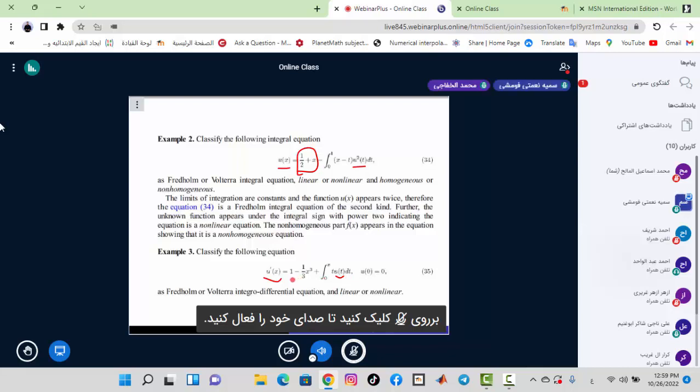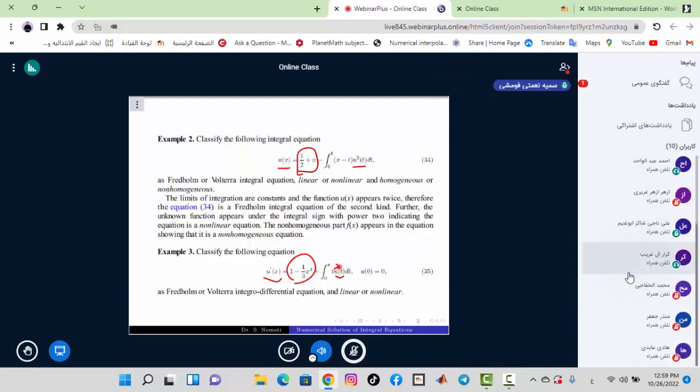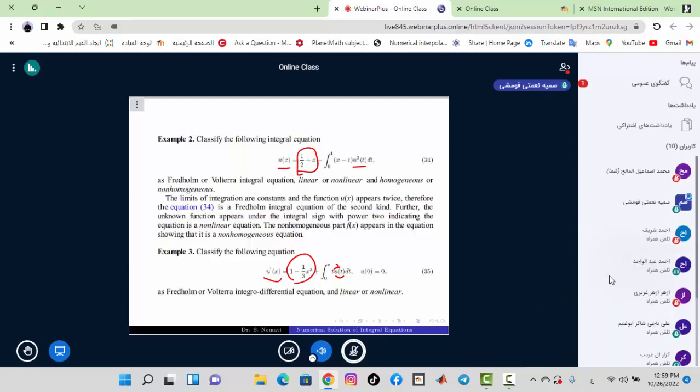You don't have to pay attention to the other variables. You just have to consider the functions in terms of u. For example, if you had u squared here, then you would have nonlinear. But since you don't have this case or other cases of nonlinearity in terms of u, you have a linear integral equation.